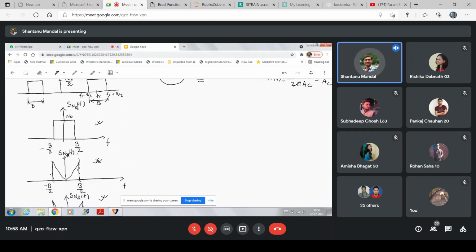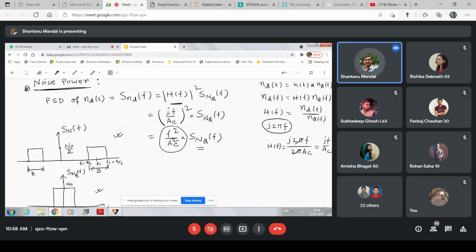Now we have to determine the expression. Here S of ND(f) can be obtained.